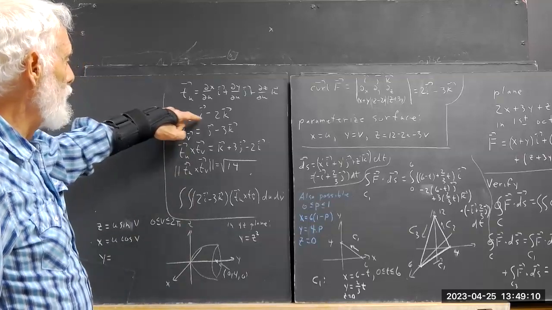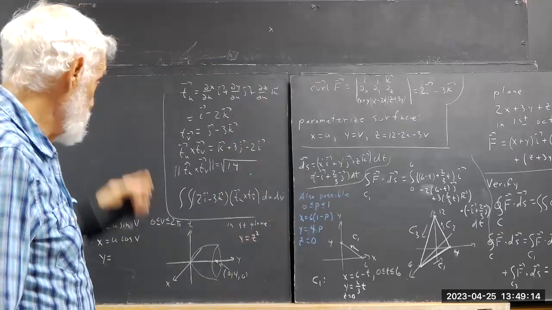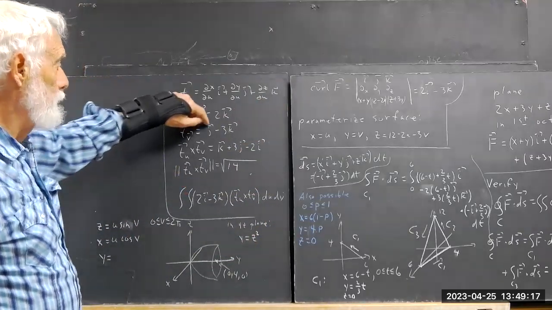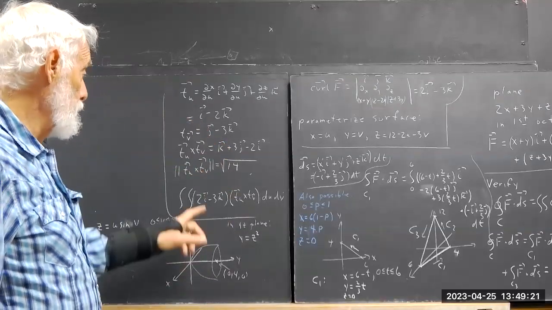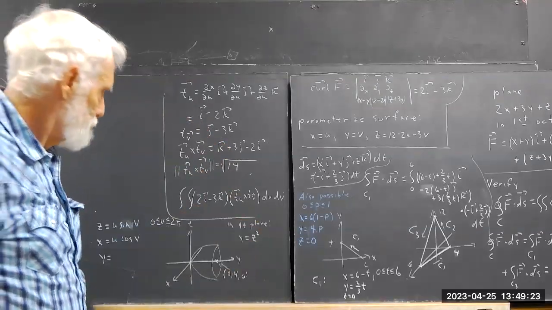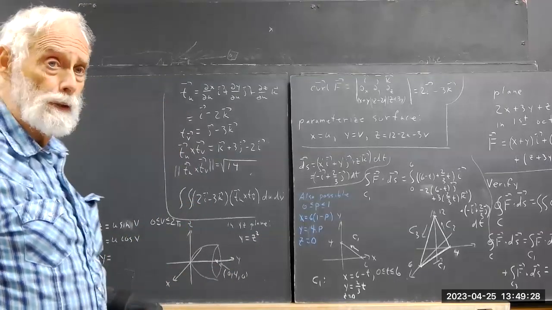That ends up being i minus 2k, and it's very easy to calculate those. These are pretty simple functions. Okay, and then T_v would come out to be this, right? Then the cross product. Okay. So we're not going to continue this because it's taking a while to get through this.